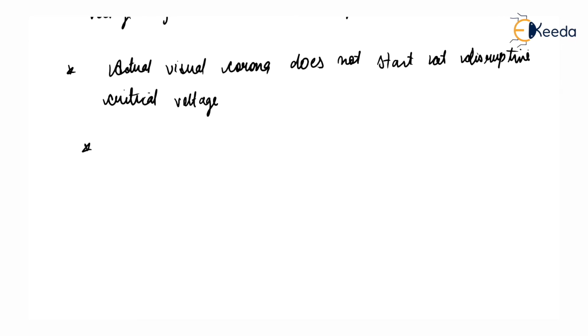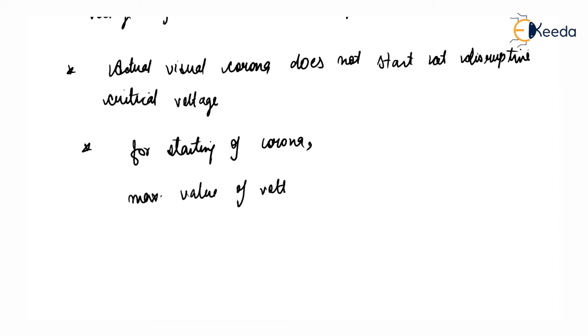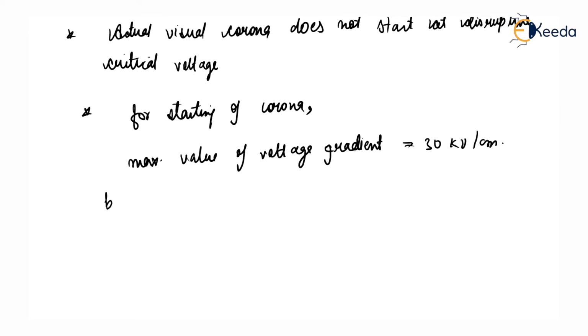This we know. For starting of corona, the maximum value of voltage gradient is equal to 30 kV per centimeter.